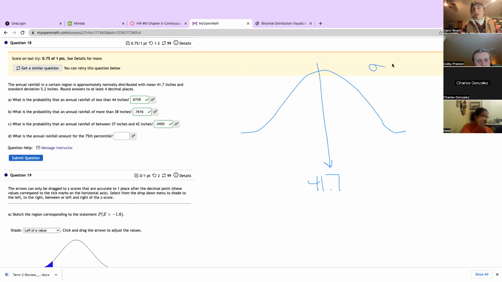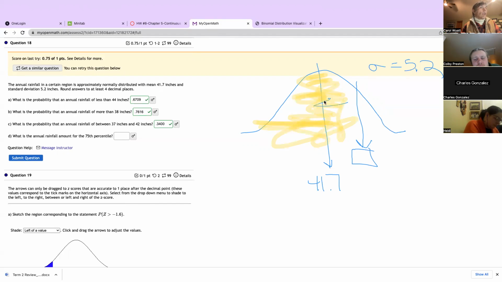My standard deviation is 5.2. I'm looking for a number up here where 75% of the data, where this area down here is equal to 75%.